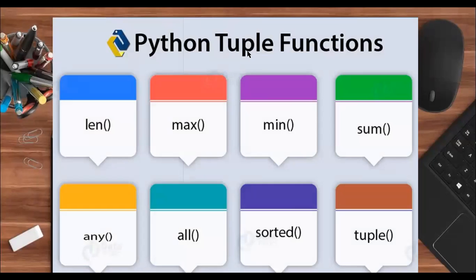Moving ahead, these are the tuple functions: length, maximum, minimum, sum, any, all, sorted, tuple. You can use any of these functions, and you should know the variations of them.